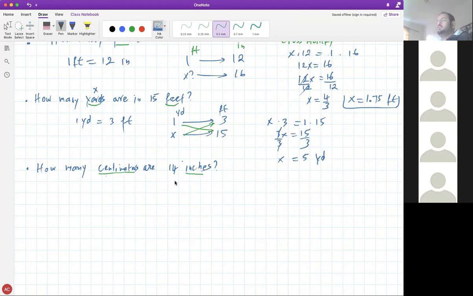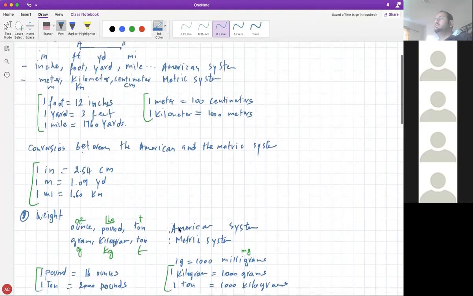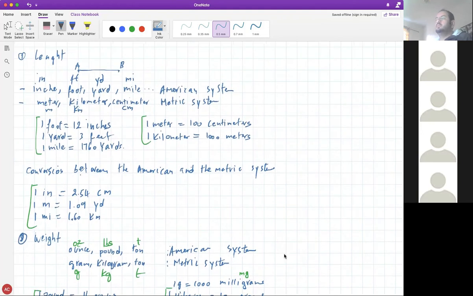What's the relationship between centimeters and inches from what we saw? Let me go back to it. What is the relationship here between inches and centimeters? A mile?